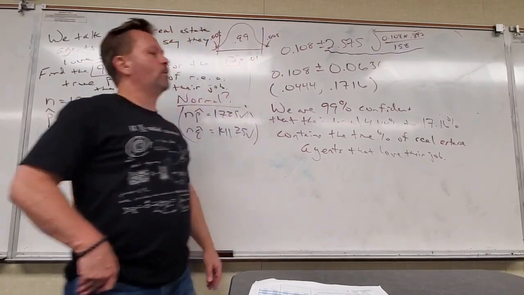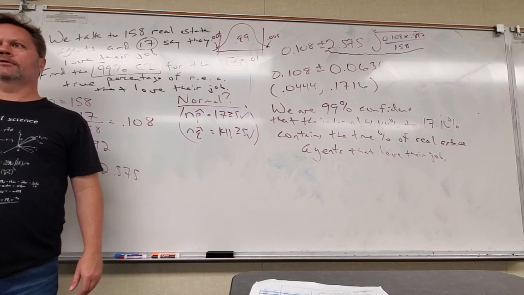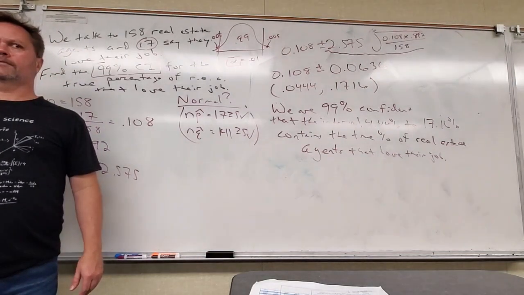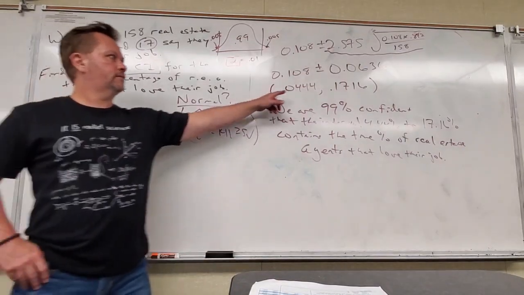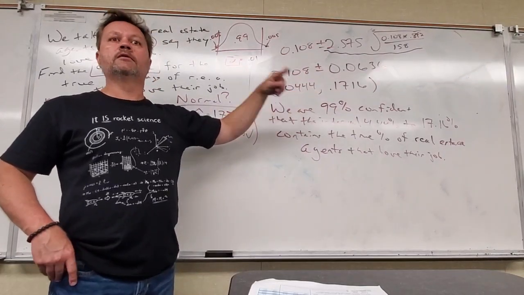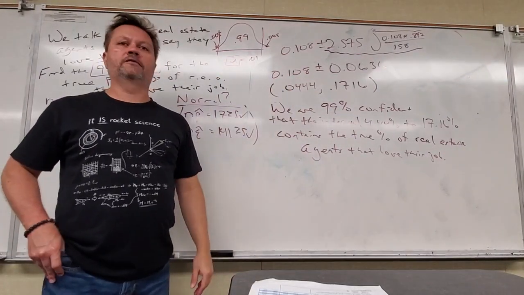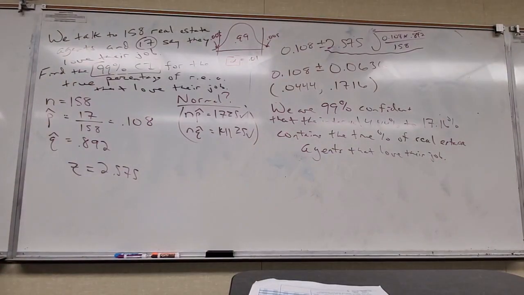Is it evidence that more than 5% love their job? Nope, because 5% is inside the interval. It could be less than 5%, even if most of the interval is above. Totally.